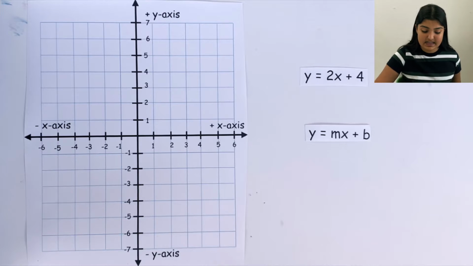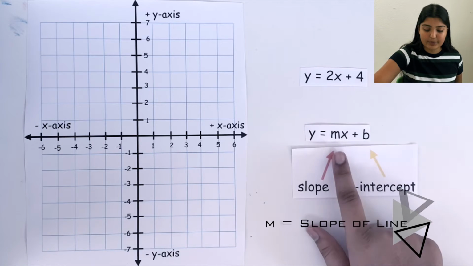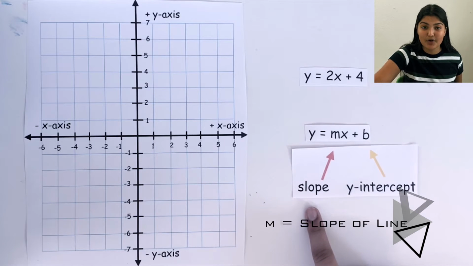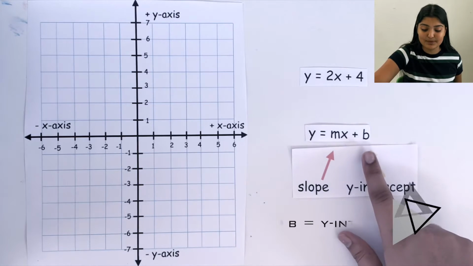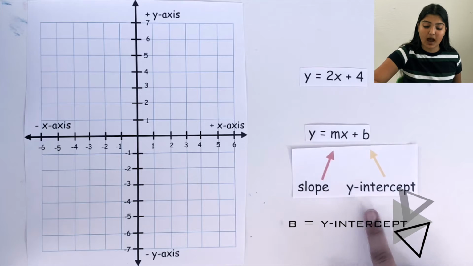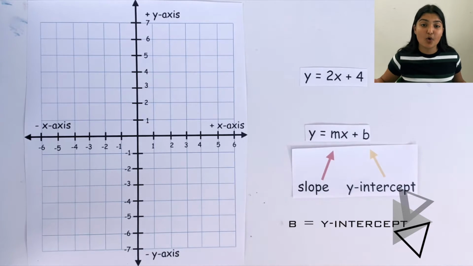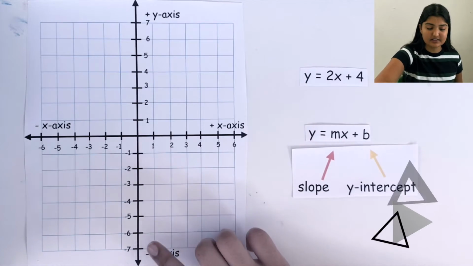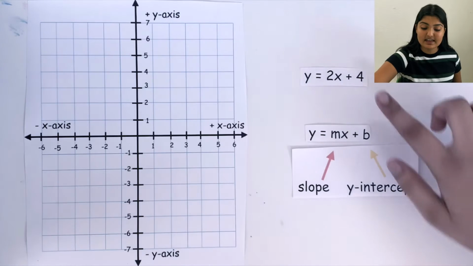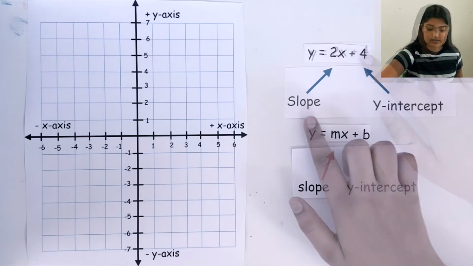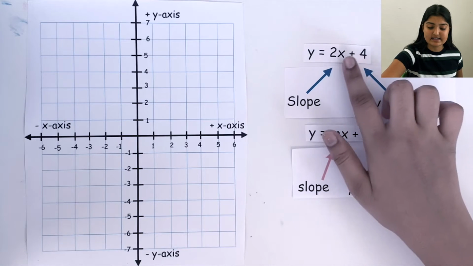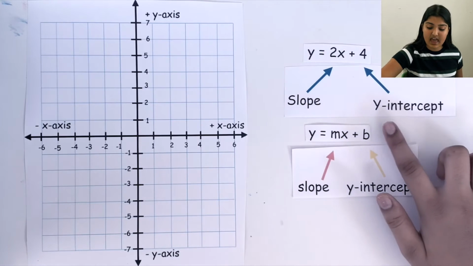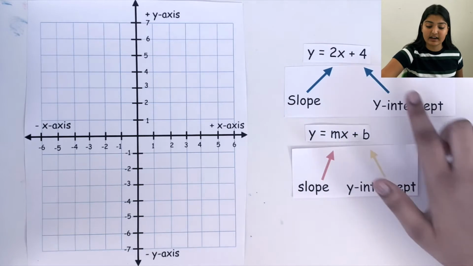Remember that m refers to the slope or the steepness of a line, and b is the y-intercept, or where the line meets the y-axis. So, in this equation, the slope of our line is 2, and the y-intercept of our line is 4.